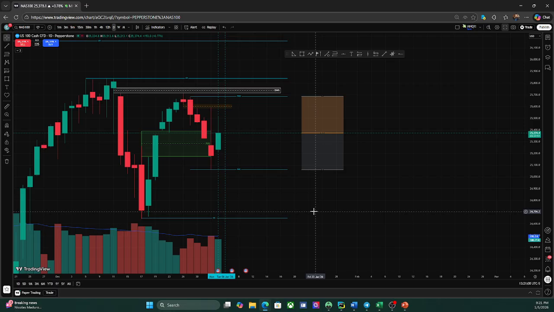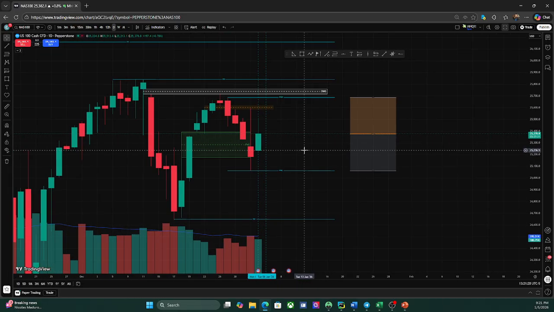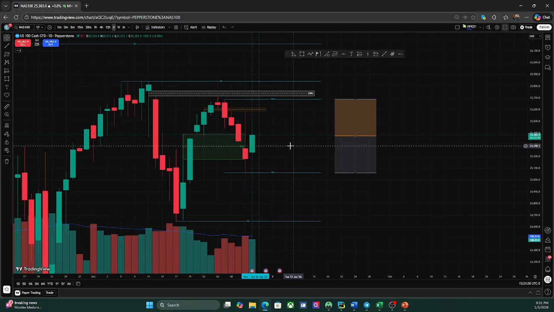So we have an inversion here that was already tested. Then we came back down. We took all this fair value gap, right? And now it's bouncing up. So probably a good scenario is that the price will go up, right?